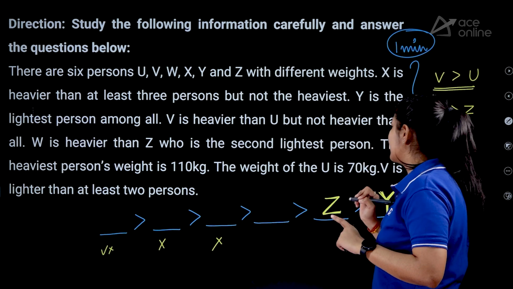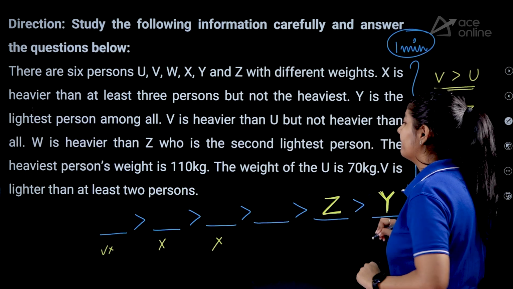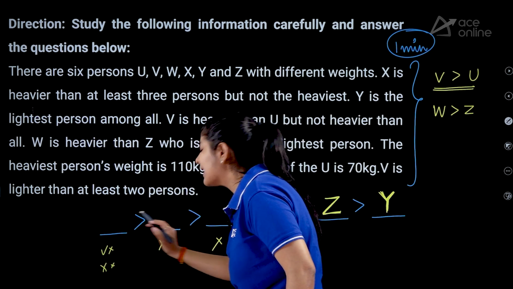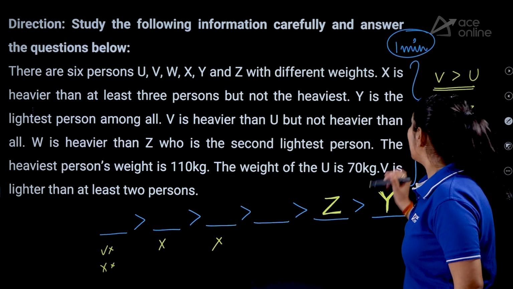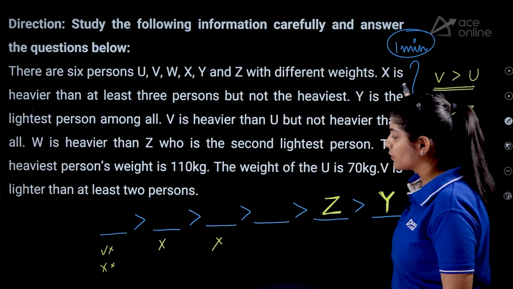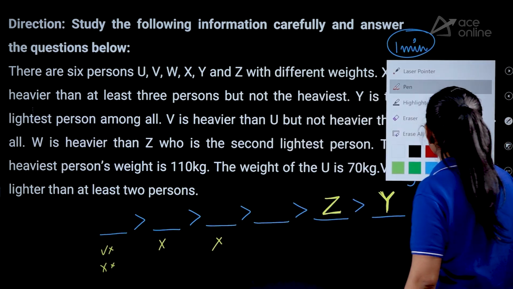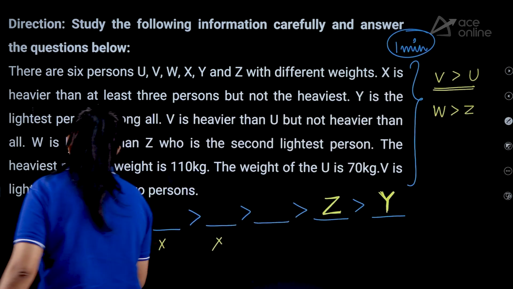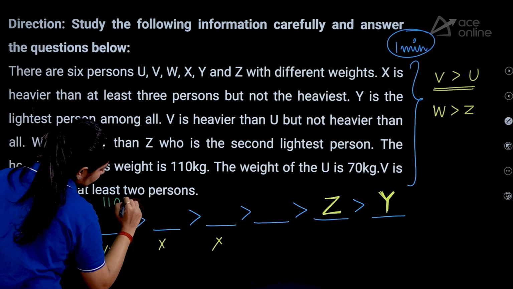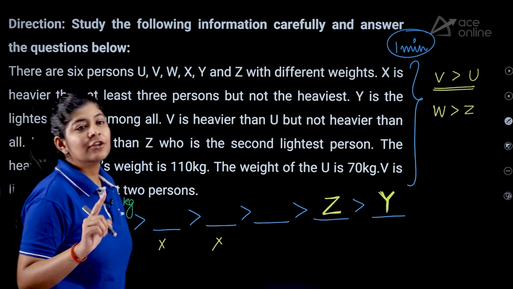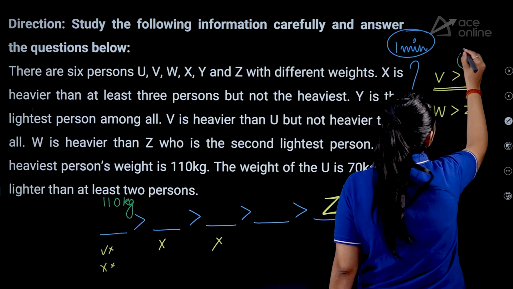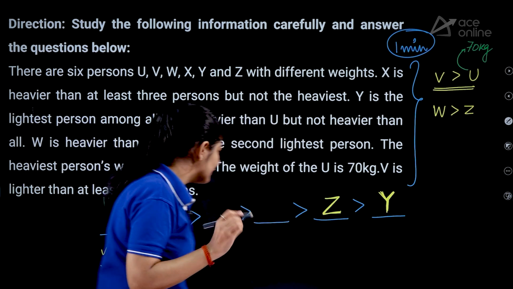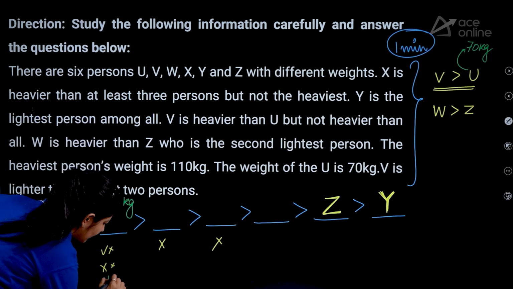So we know that X can't be at this position, V can't be at this position, and U cannot be placed at this position, because the weight of the person at this position is 110 kg, and the weight of U is given as 70 kg. So U also can't be at this position, right?